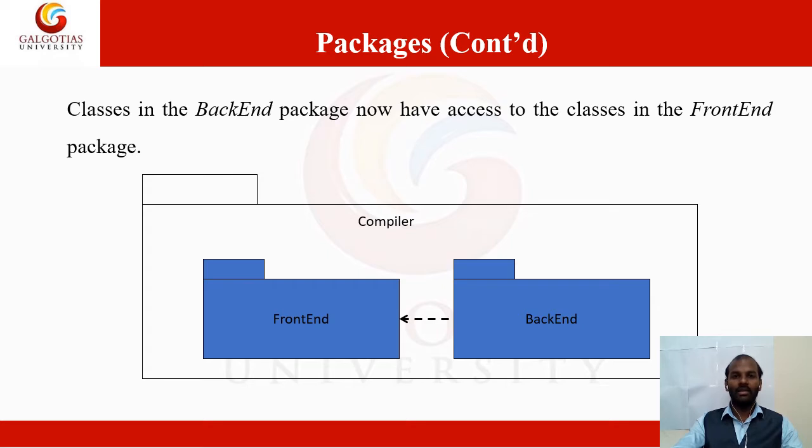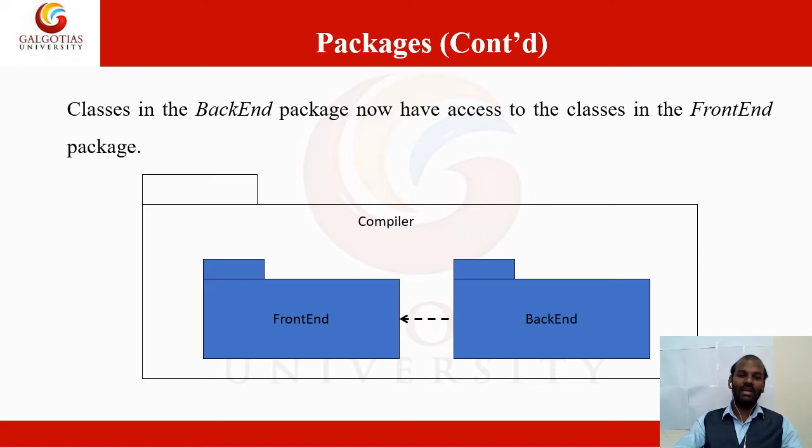Then aggregation is a straight line with a diamond symbol at the end, and composition is a straight line with a filled black diamond symbol. These are the different relationships available in UML, but in the package diagram you may use either association, dependency, or generalization. These three are mainly used in the package diagram.